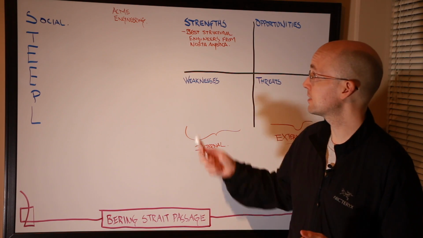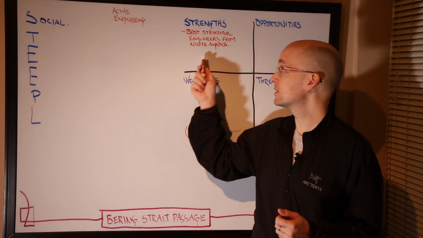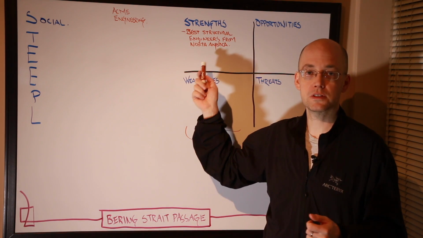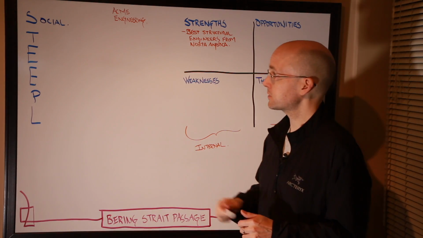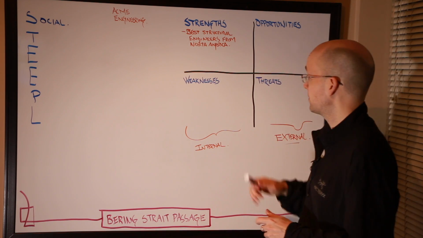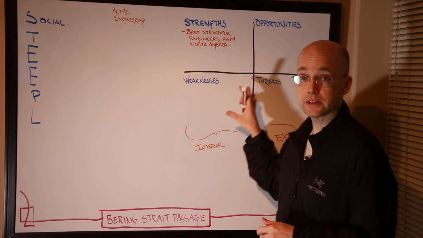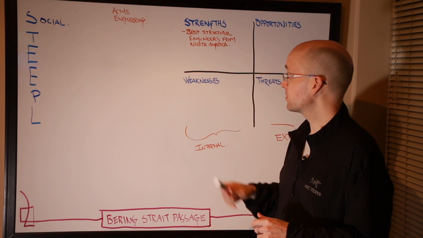They don't have the skills as far as building a structure that's going to span the size of the Bering Strait. So one of the impacts we need to look at is, I know we're looking at this as an engineering firm, but what I'd also like to look at is one of the weaknesses.